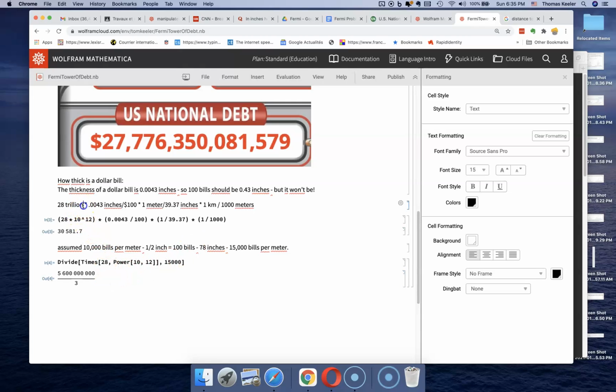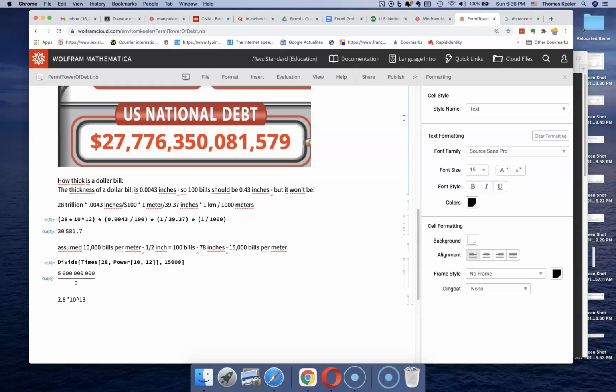So the 28 trillion. Here we go, let's try one more time. 28 trillion is 2.8 times 10 to the 13th, right? 10 to the 12th is trillion, so these are 10 trillions.